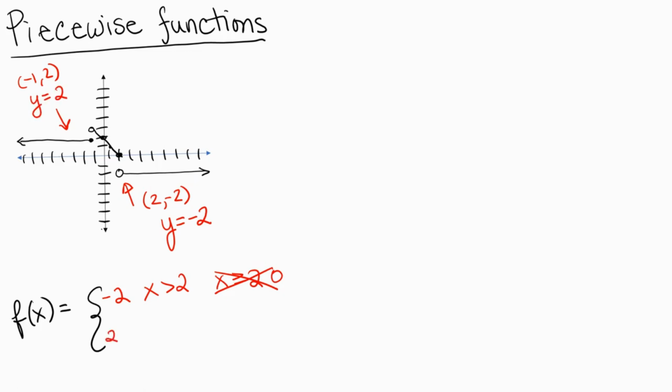It equals 2, and it's when x is less than, because it's going toward the negative direction, -1, because that's where it started. And in this case, notice we have a closed circle, so we are going to make it equal to as well. So that's going to be our defining piece of information, whether it's open or closed.